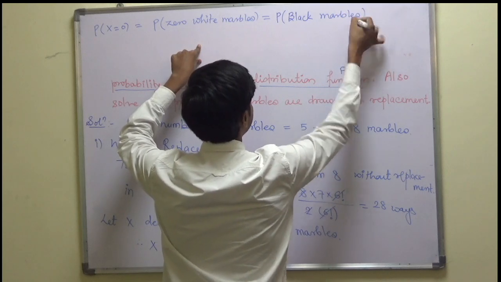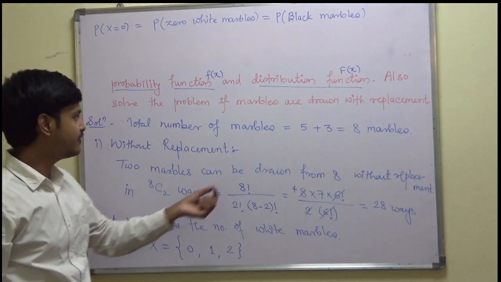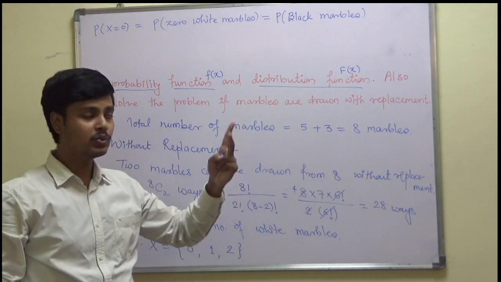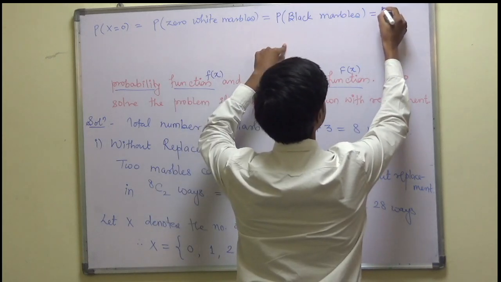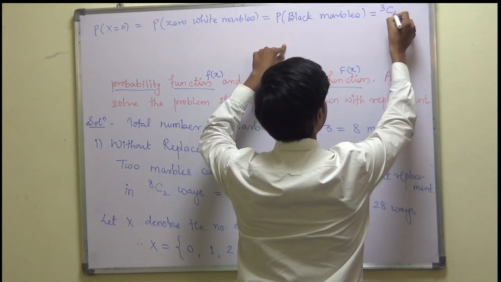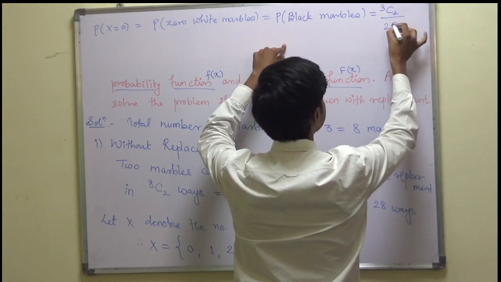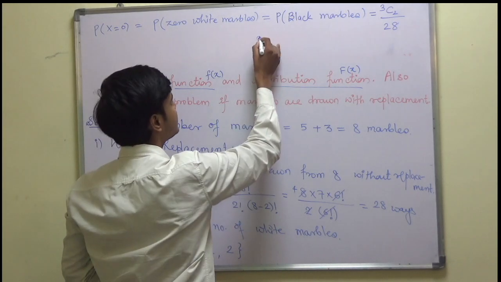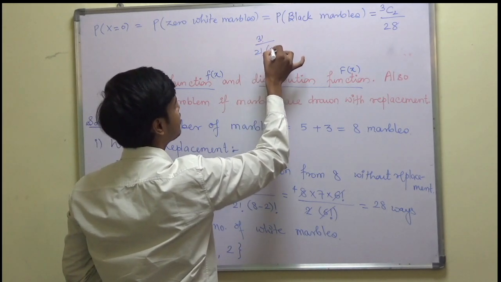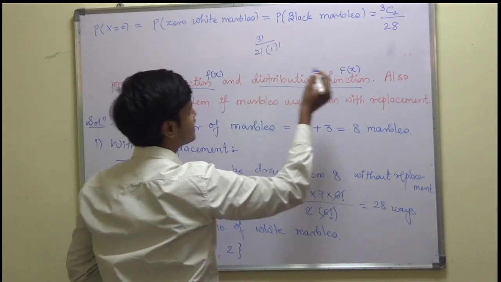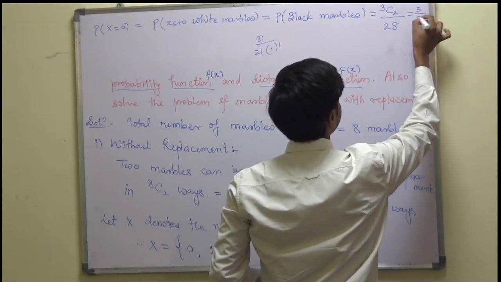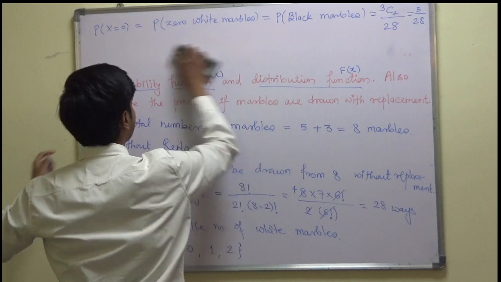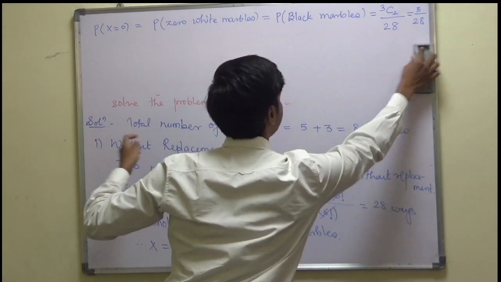How many black marbles are there? We have 3 black marbles, and out of 3 we have to choose 2. Total number of ways is 28. When you solve this, 3C2 is 3 factorial over 2 factorial into 3 minus 2 factorial, so this is 3 by 28.